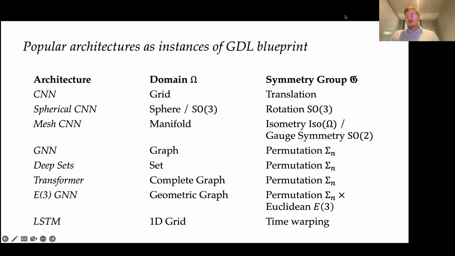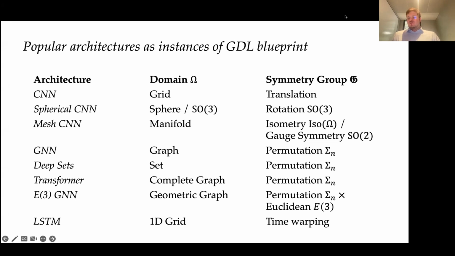But what's really interesting with thinking in this way is that, on one hand, it helps us categorize the deep learning that we have so far, much in the spirit of what Felix Klein has done. But at the same time, it also lets us talk about more exotic deep learning architectures, which maybe haven't become this popular yet, but are essential if you want to deal with data over more unusual domains like spheres or manifolds or even geometric graphs, which we might touch upon towards the end of this part of the tutorial.